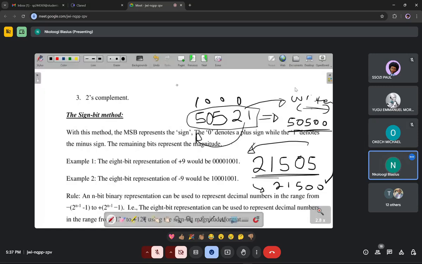So when I say MSB, I mean most significant bit. If I say MSD, most significant digit, then this will be LSB, the other side, LSD. So now, is that fine, Jalia?